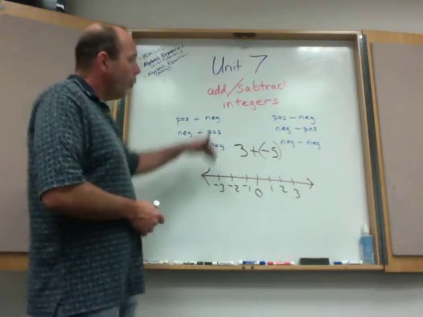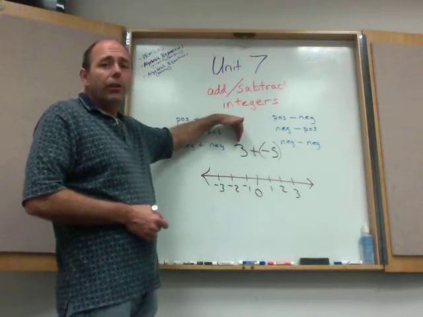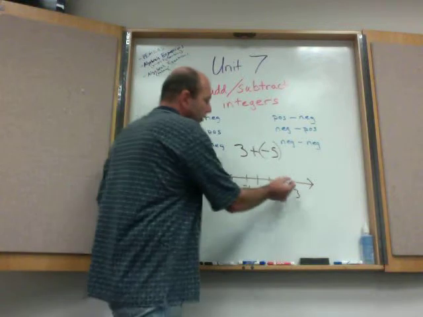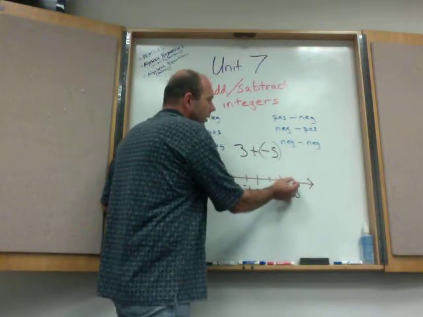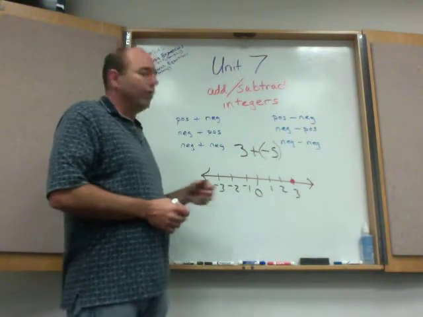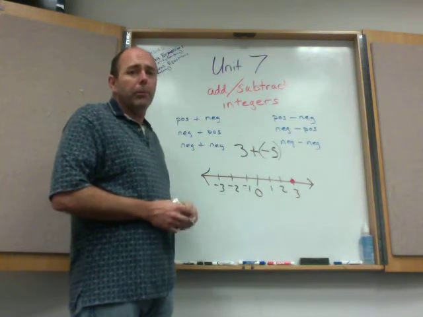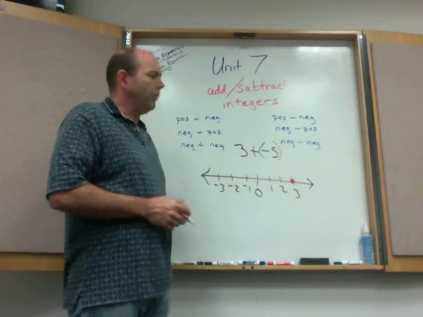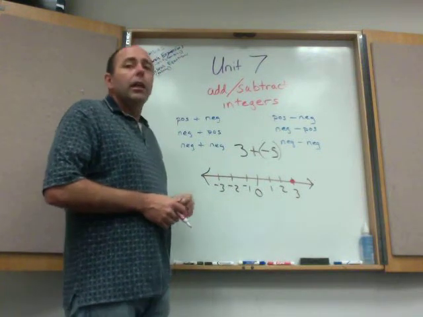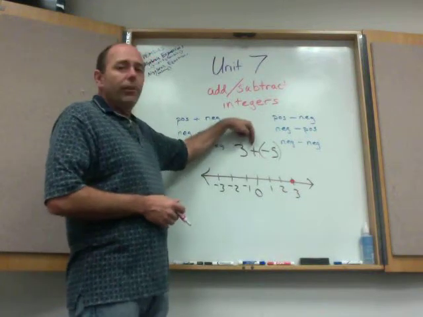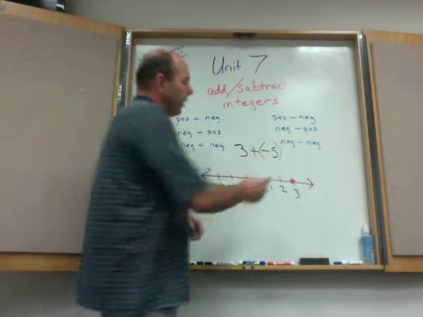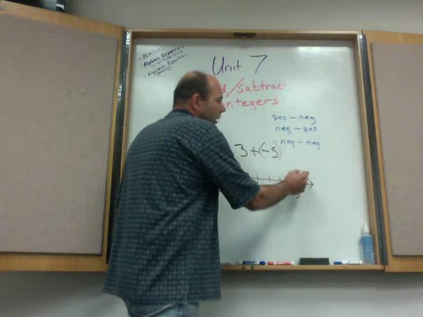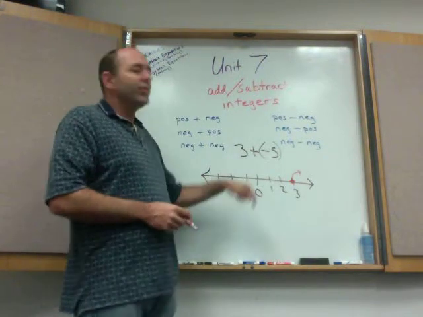Let's take a look. Where am I going to start? I'm going to start at 3. That's how I'm going to picture it in my mind, or right on the paper. I'll draw this right on the scratch paper, and that works for me. Now when I'm adding, it means that I'm going to the right on the number line.